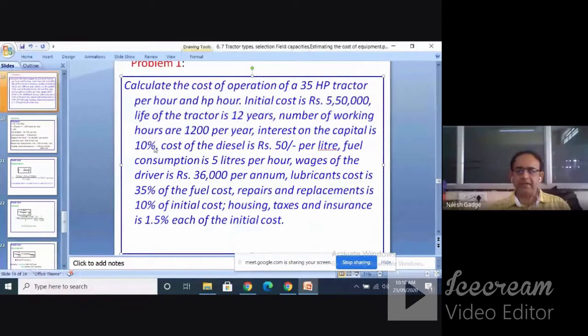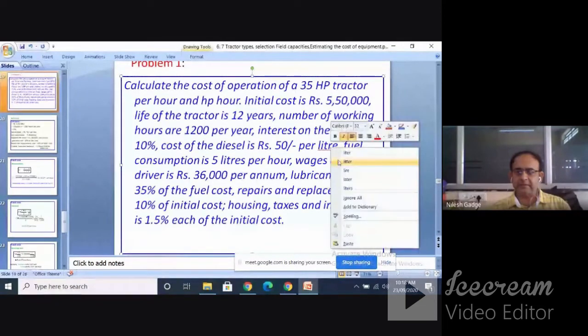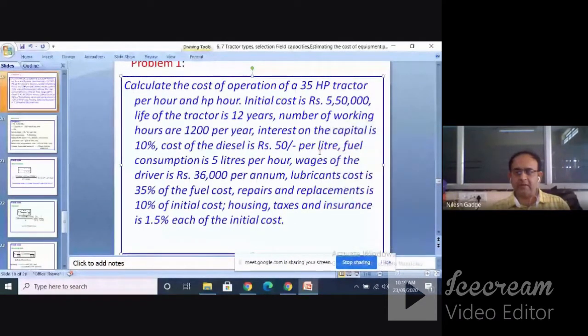Cost of the diesel is given. It is 50. Now it is not 50, it is just that the values are from 10 years before. Fuel consumption is 5 liters per hour. If it is not given, you have to assume. Wages of the driver is rupees 60,000 per annum. Per annum means per year.